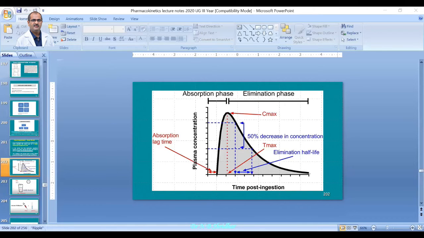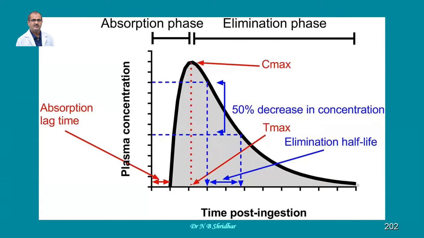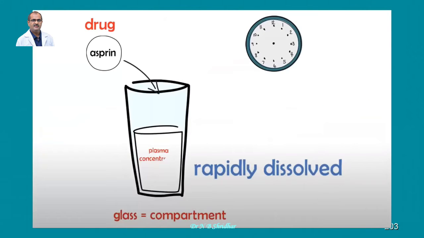This plasma concentration will reach its maximum at Cmax, at Tmax, and the elimination half-life is also one of the important criteria, in which 50% of the drug in the body is excreted. And here you can see an analogical model for the compartmental models.